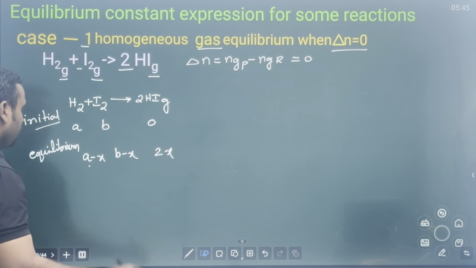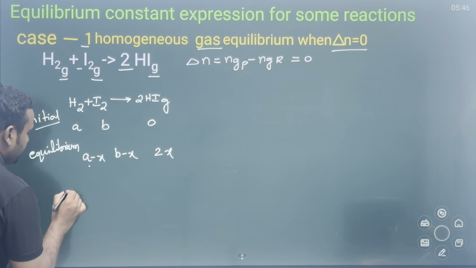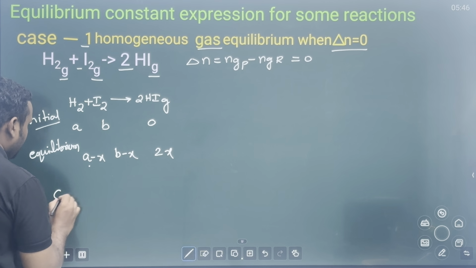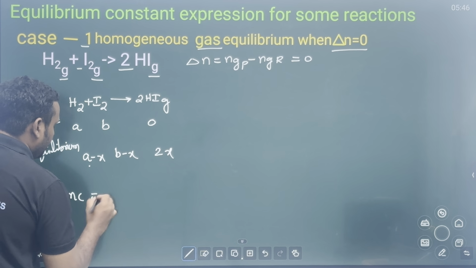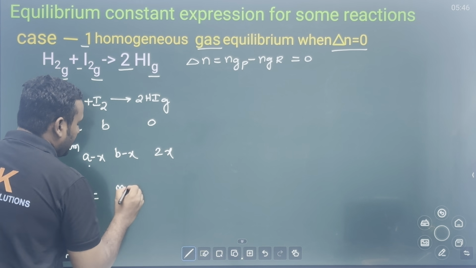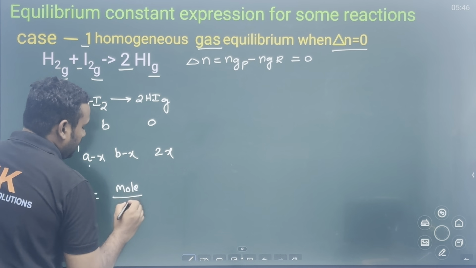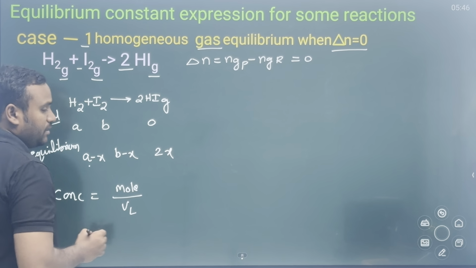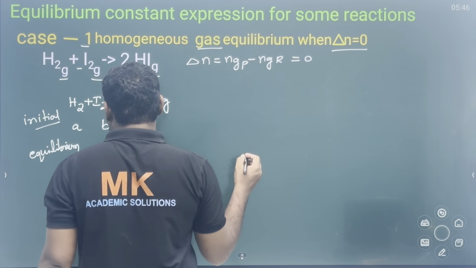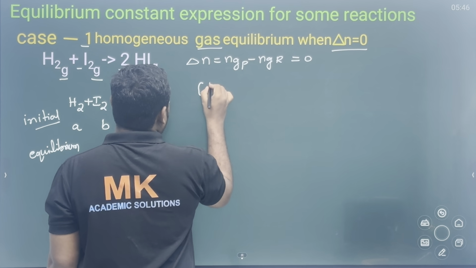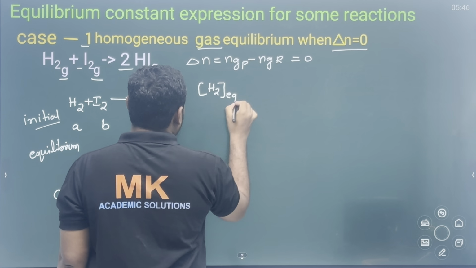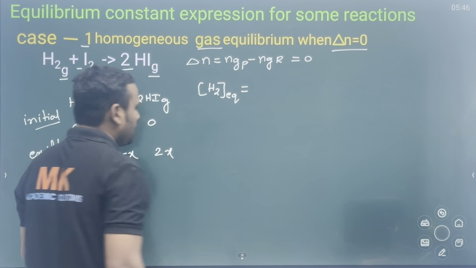Now we know the concentration formula. Generally we take molarity concentration: number of moles by volume in liters. Now let us see the concentration of H2 at equilibrium.